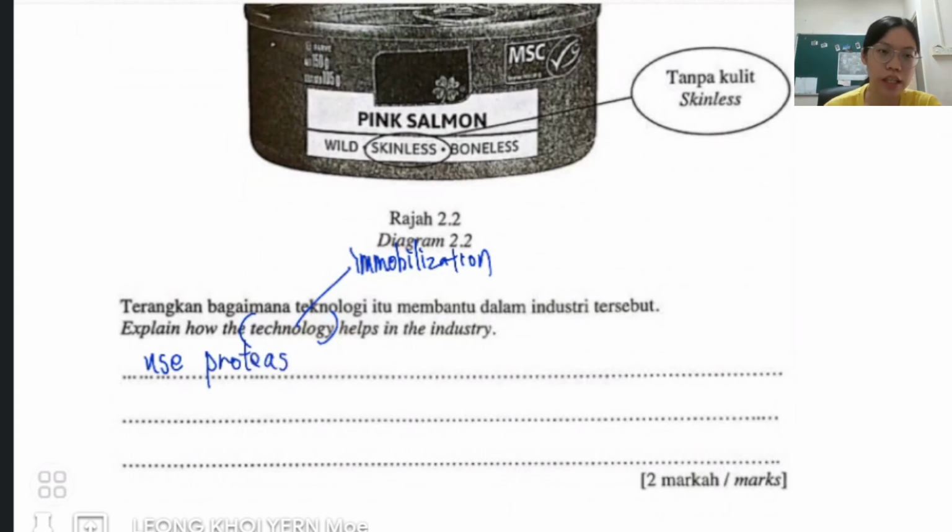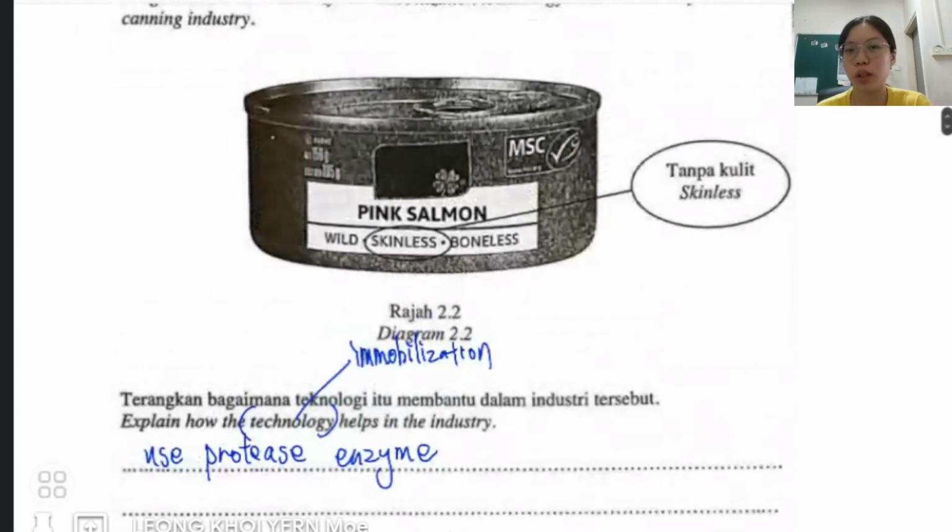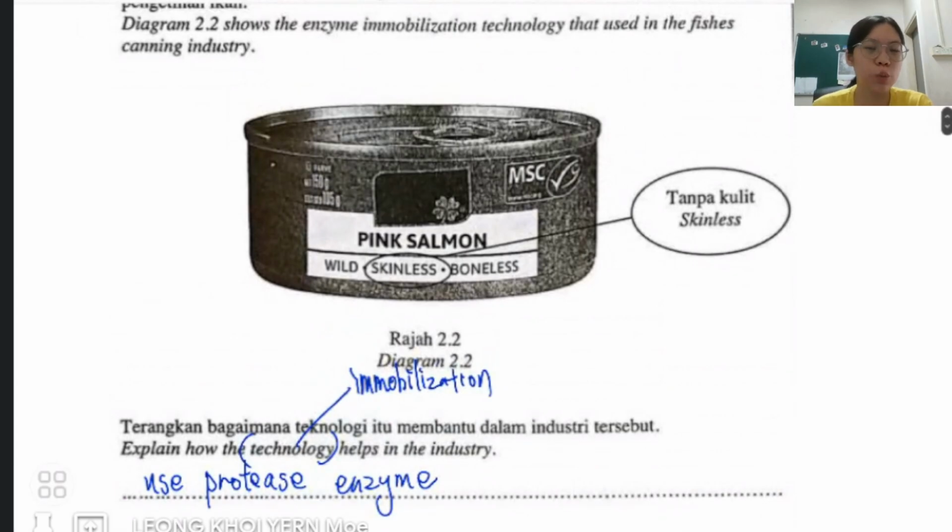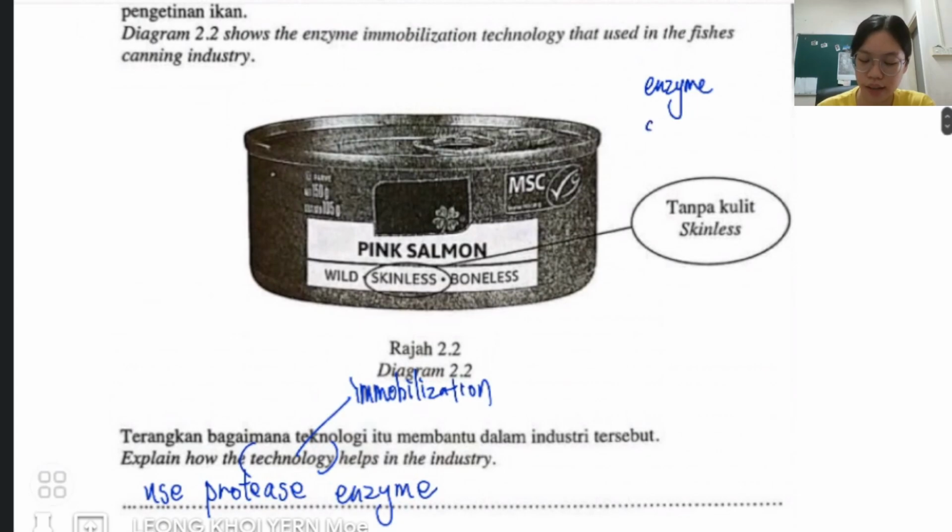So immobilization technology is actually helping the enzyme to overcome this situation where it is very sensitive to temperature and pH change. So originally, enzyme is very sensitive to changes in pH and temperature.